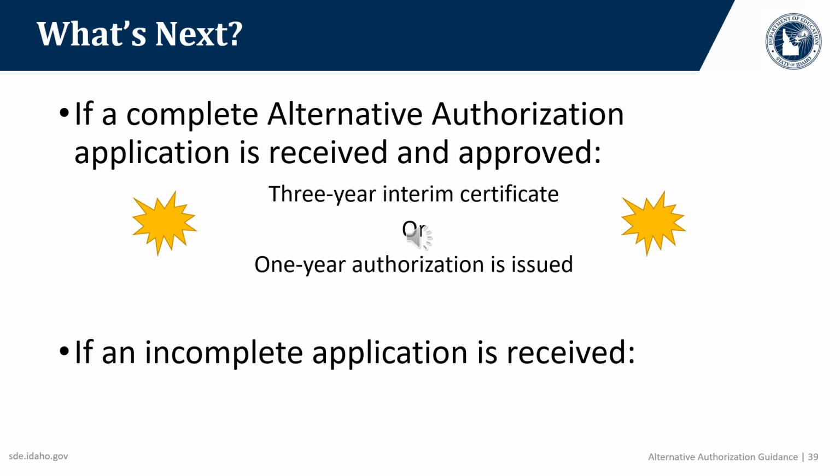A 3-year non-renewable certificate will be issued for content specialist, teacher to new certificate, and pupil service staff. The teacher to new endorsement will receive a 1-year certificate and may be renewed if pursuing the option 1 route, if satisfactory progress has been met. If option 2 or 3 is used, the 1-year certificate is non-renewable.